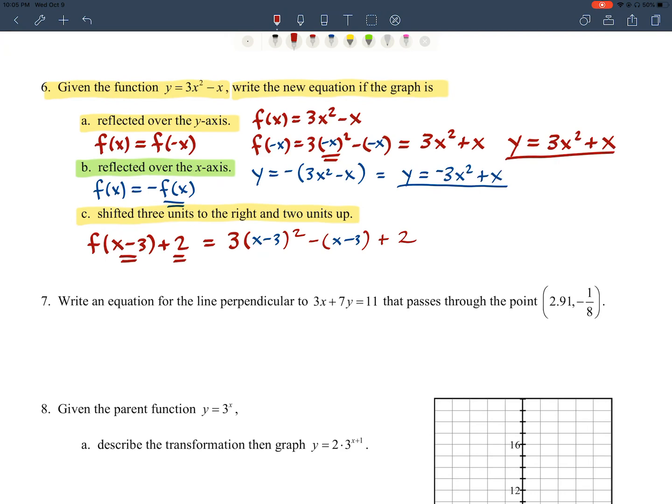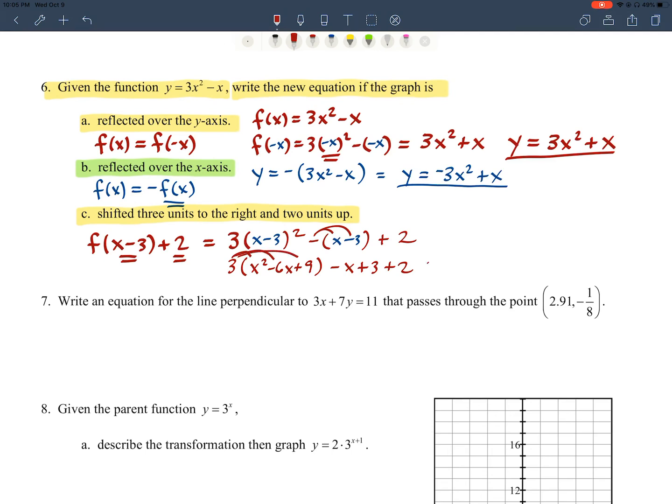So we've got 3 times, when we square this binomial, x squared minus 6x plus 9. We'll distribute this negative through here, so we'll have minus x plus 3 and then plus a 2. And then we need to distribute this 3 through the trinomial here.